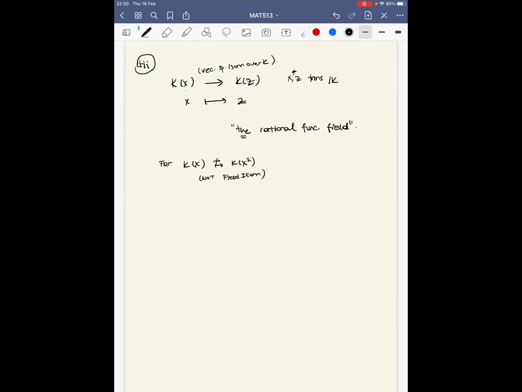And later we will see that indeed K of x is a field extension of K of x square of degree 2. And I think this is why still in some cases we say a rational function field.